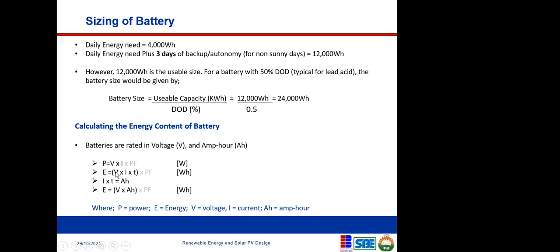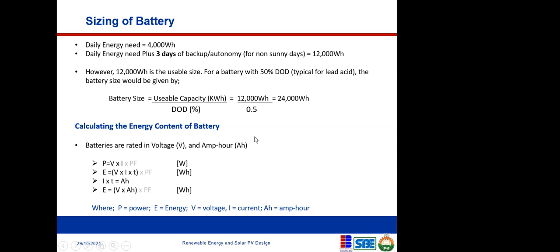Energy is equal to voltage times current times time. Now current times time is equal to amp hour. So let us replace this I times T, current times time, with AH. Your energy will now be equal to voltage times AH, which equals watt hour, which corresponds to the watt hour that we have here.